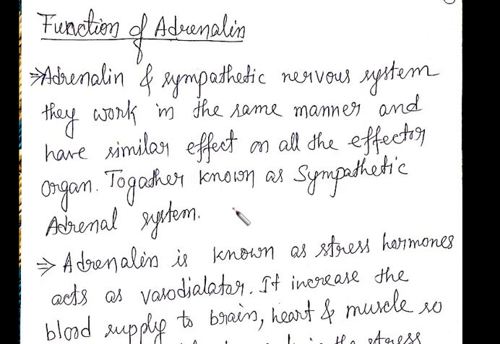See, adrenaline and the sympathetic nervous system, they work in the same manner and have similar effect on all the effector organs. ठीक है ना, पहले भी हमने डिस्कस किया था. Together known as sympathetico adrenal system. Together क्या कहते हैं इसे हम?